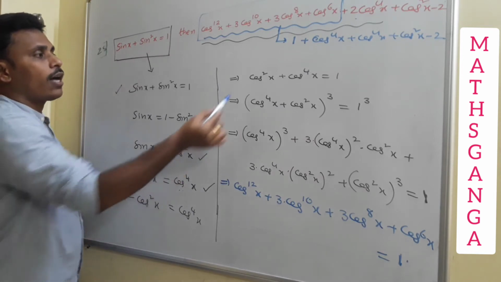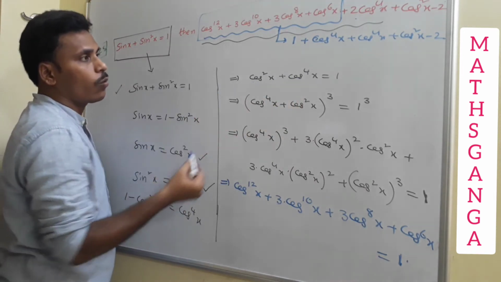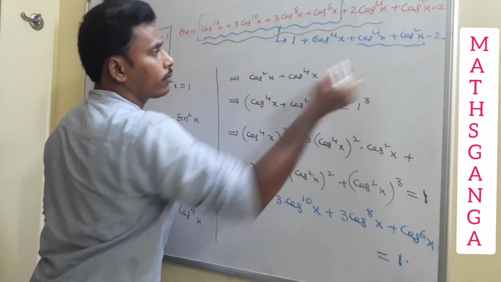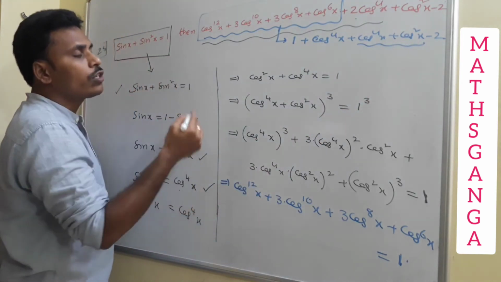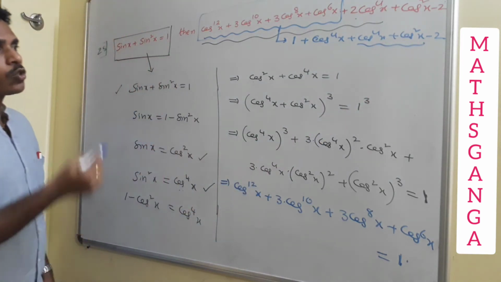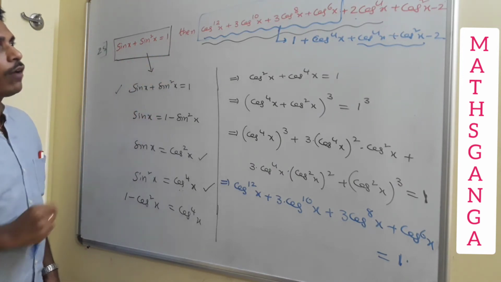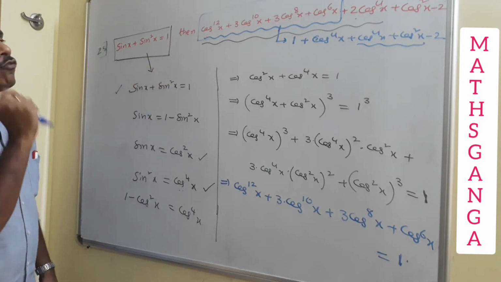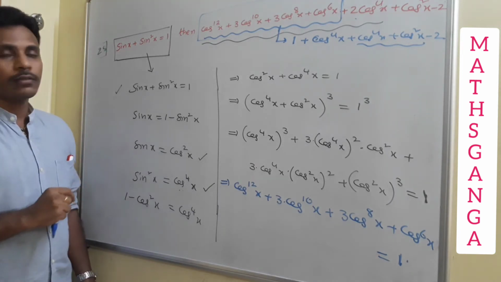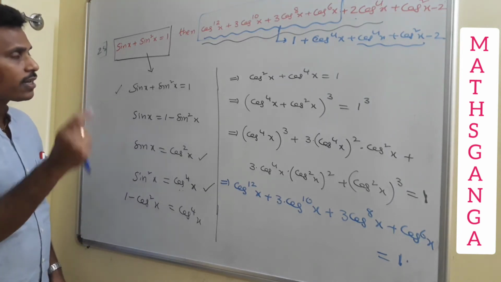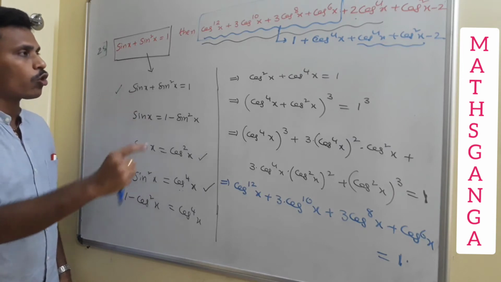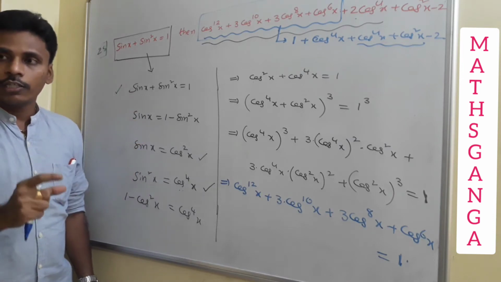And now cos⁴x + cos²x is again 1, right? So this is also 1. You just replace it again with 1. So 1 + 1 − 2 will get cancelled. Then you are left with cos⁴x. See, the resultant is just cos⁴x, and the total simplification results in cos⁴x.